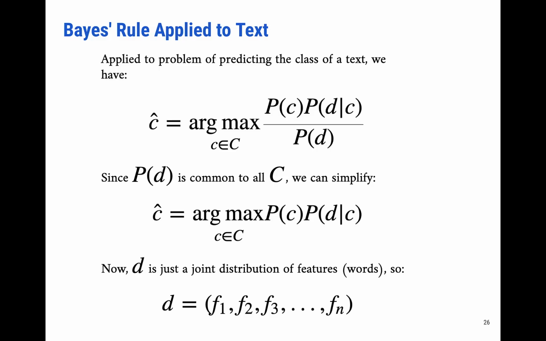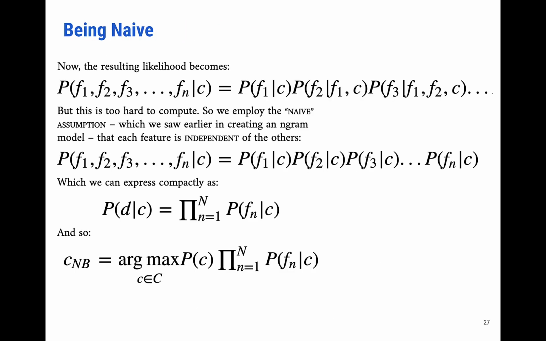We've seen that before. And F is a word in this case. That's a feature. And then we know by the product rule that we can represent things this way. But since we are not going to be able to calculate this equation at the top, that just gets too complicated, just like with the Markovian assumption earlier, the naive assumption here is that we don't need to worry about all these dependencies.